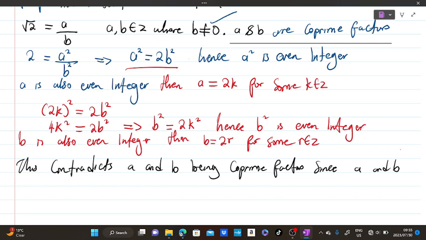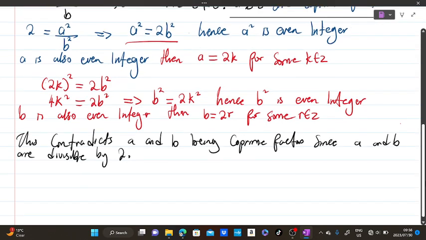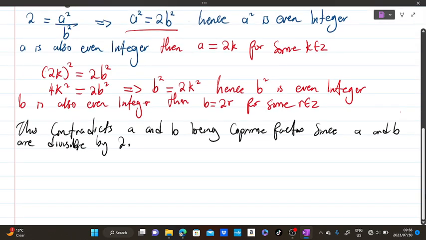Remember, an even number or even integer is any number that can be divisible by 2. So if a and b are divisible by 2, it means they are not co-prime factors. They have a common divisor. So if they have a common divisor, it means that our assumption was false, because in our assumption we said a and b have no common divisor, which means that they are co-prime factors. So we have found that a and b are not co-prime factors. It means our assumption was false.